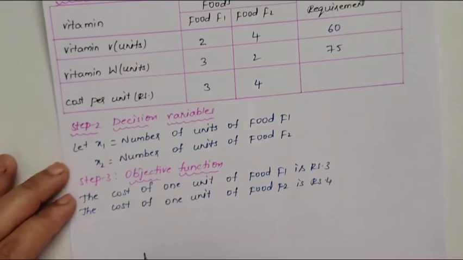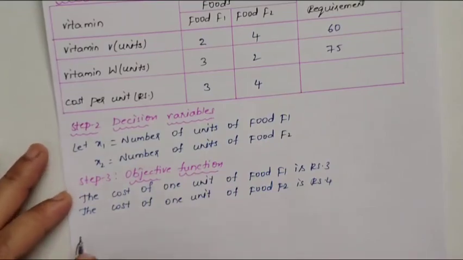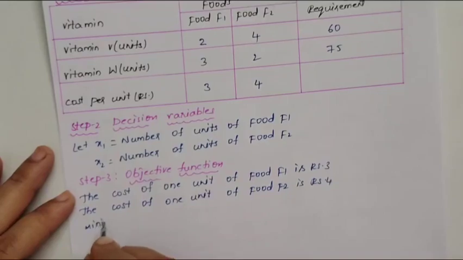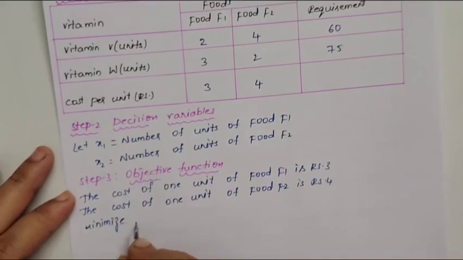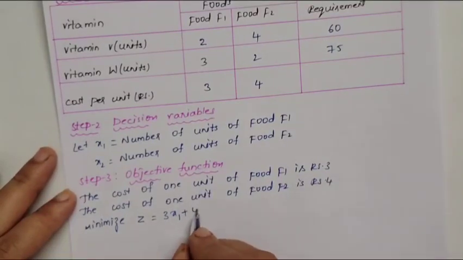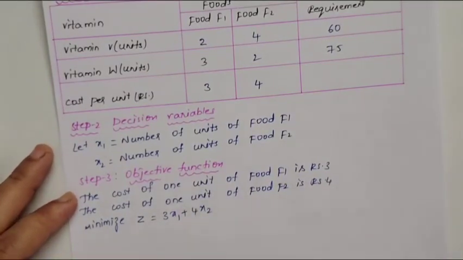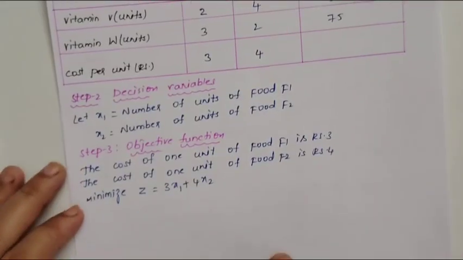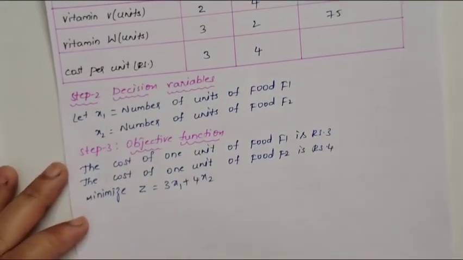Since our objective is to minimize the total cost, it's a minimization problem. We will write minimize z equals 3x1 plus 4x2.